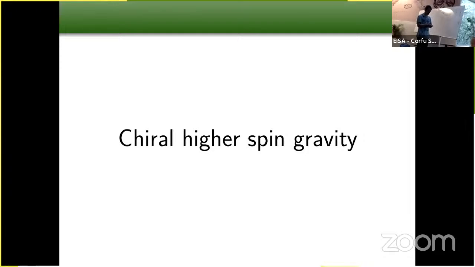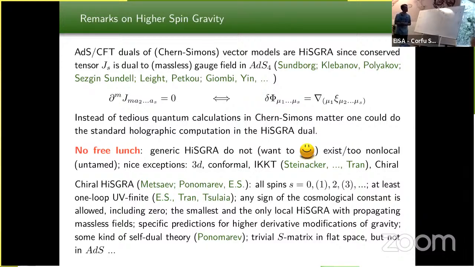From the general AdS/CFT dictionary, you know that something conserved is dual to something gauge. If you have a conserved stress tensor, then it's dual to a spin 2 massless field, that is the graviton. And so, not surprisingly, higher spin conserved tensors are dual to massless higher spin fields in AdS.